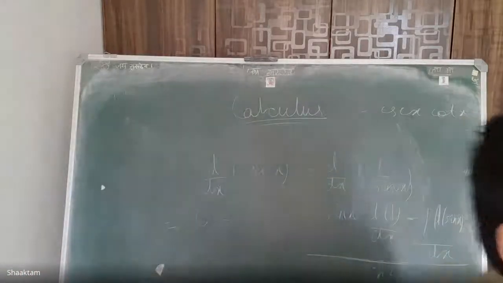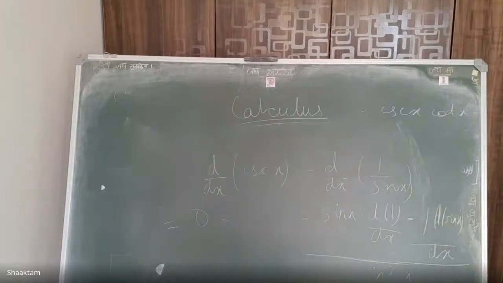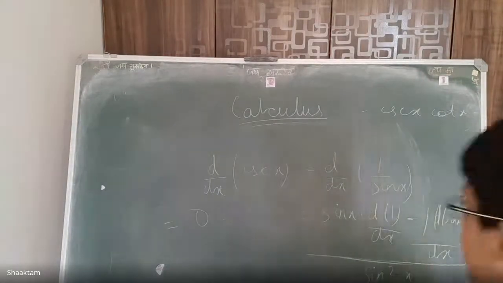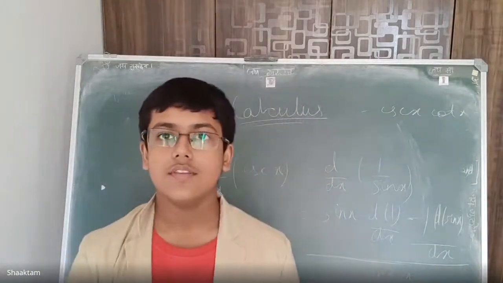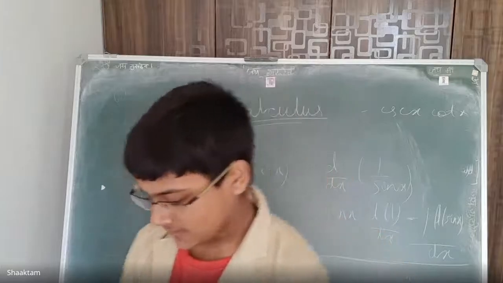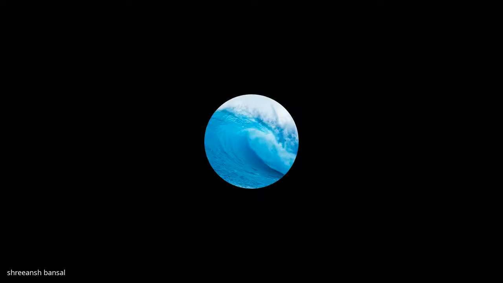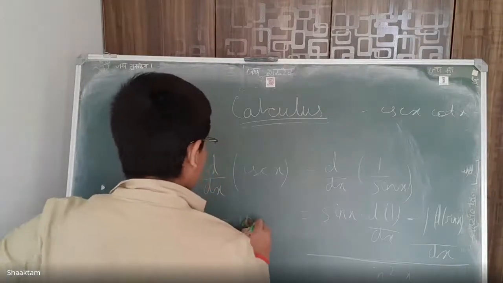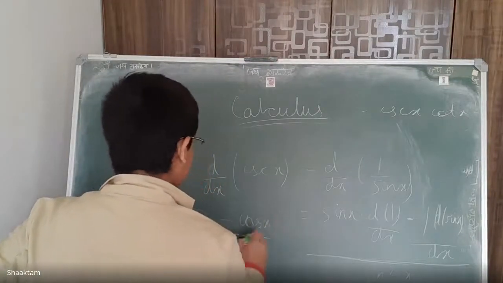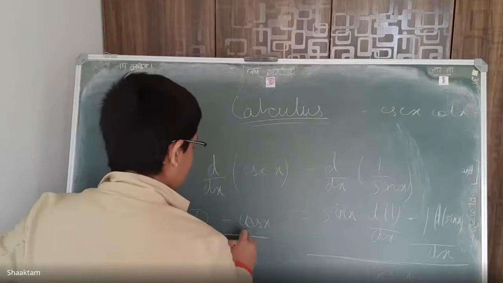That you know is... anyone, d of sine x by dx? You noted it down, right? What is dy by dx if y is equal to sine x? Cos x. Cos x, exactly. So 0 minus cos x by sine square x.